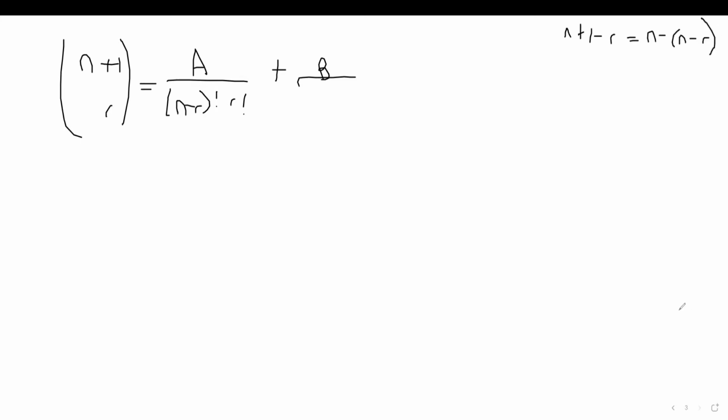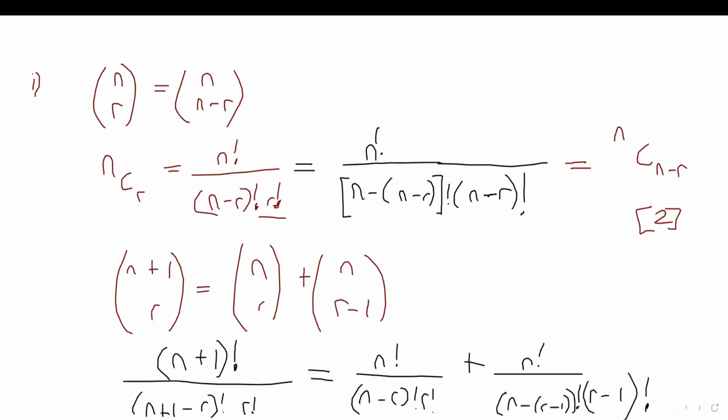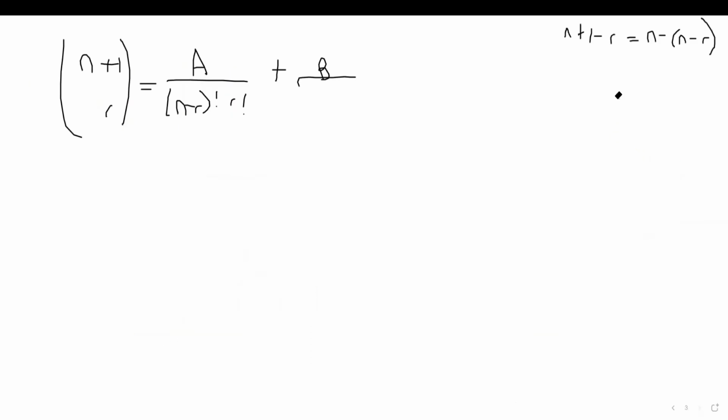Sorry, this should be r minus 1. So I'm going to rewrite this part as n minus, in brackets, n minus r factorial, times r minus 1 factorial.